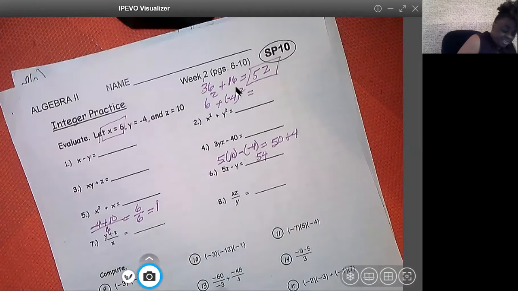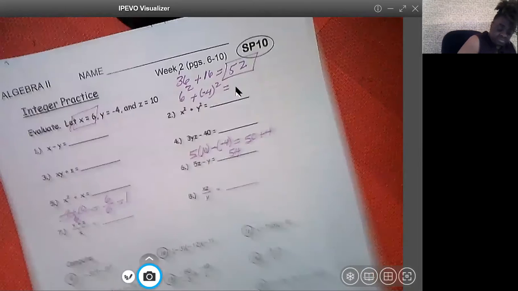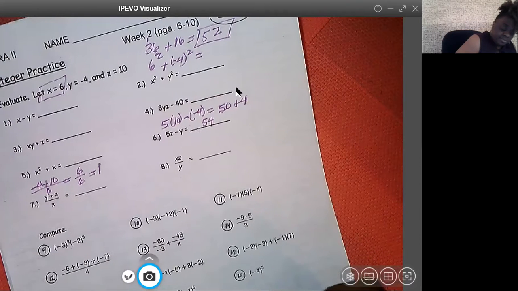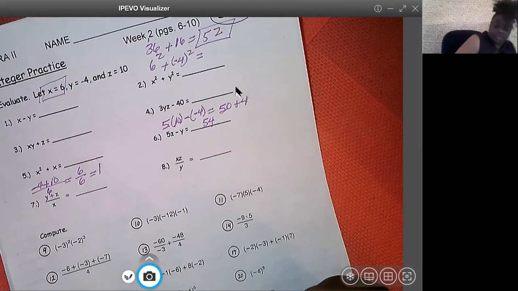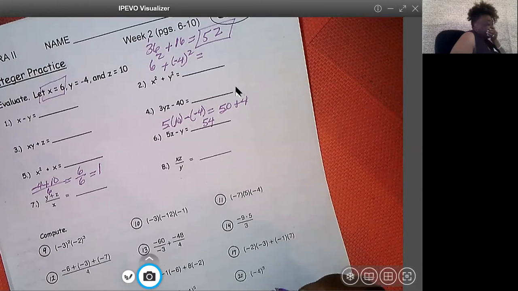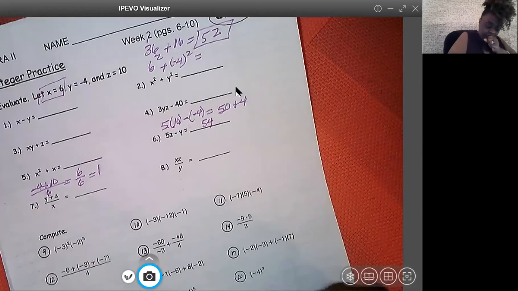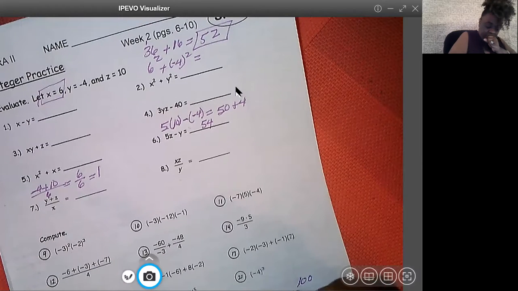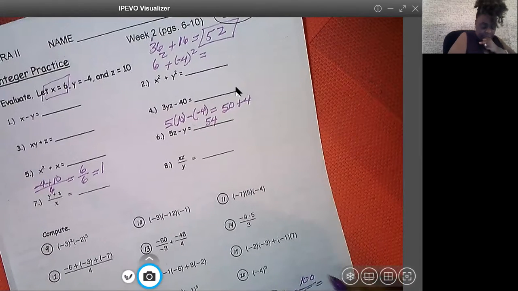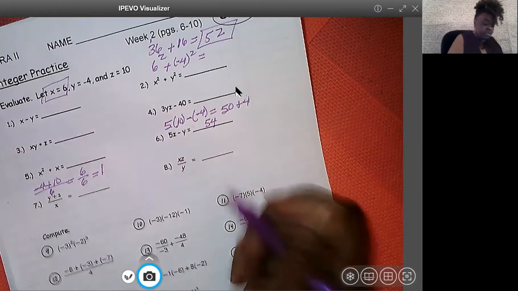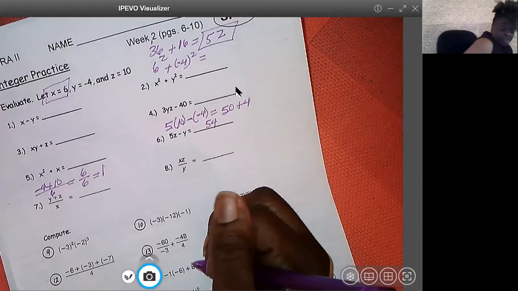So again, our instructions are to compute. So negative times a negative is a positive. Equals 100 over 5 gives us 20. So as you can see here, if you know your integer rules, you are good.